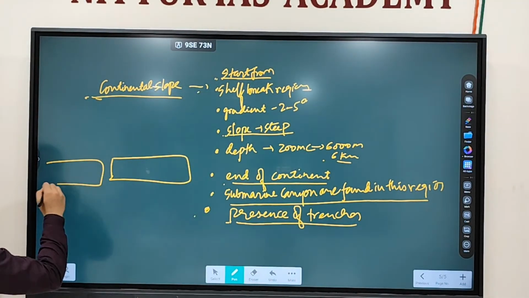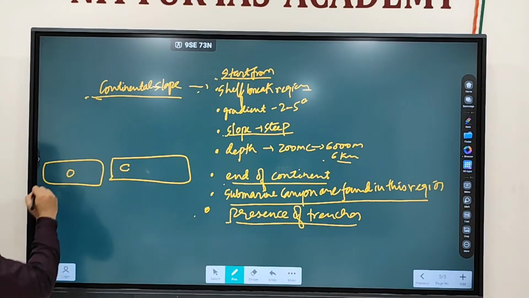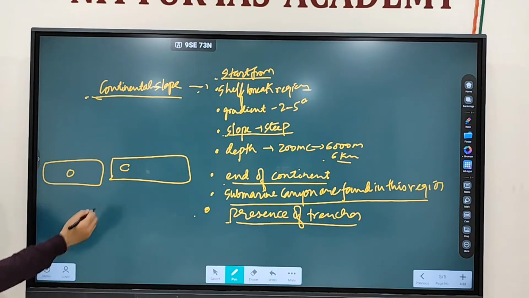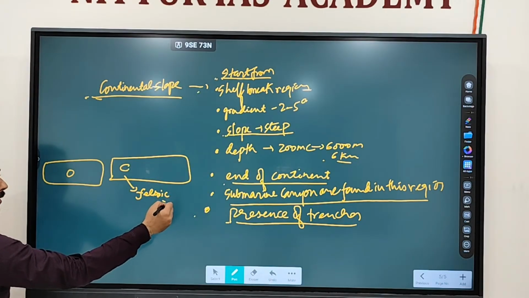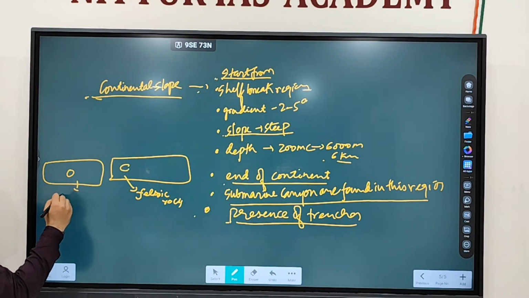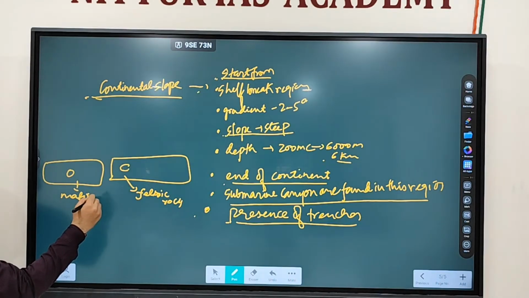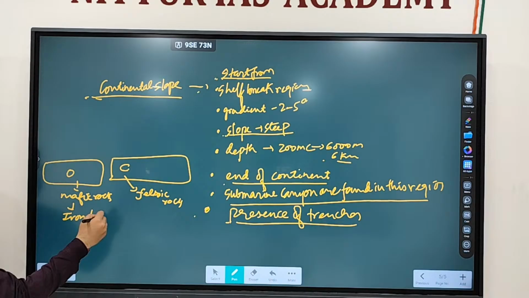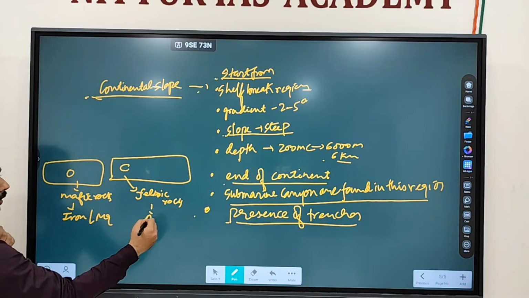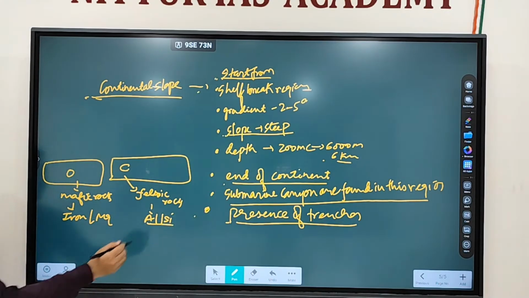When a continental plate collides with an oceanic plate, what will happen? Continental plate is made up of which type of rock? Felsic rock. Oceanic is made up of which type of rock? Mafic rock. Mafic rocks are rich in iron, magnesium. Felsic rock is rich in aluminum, silicon.